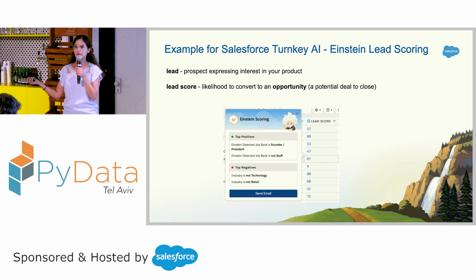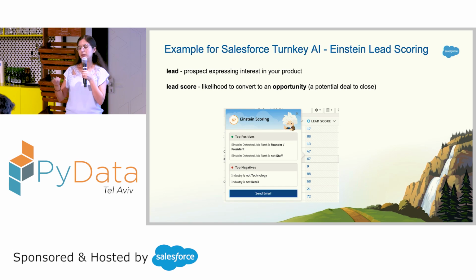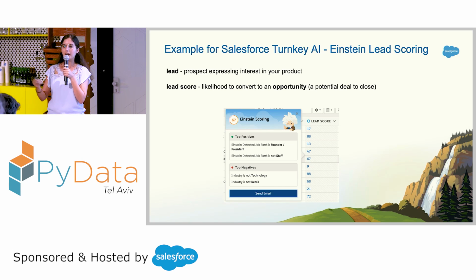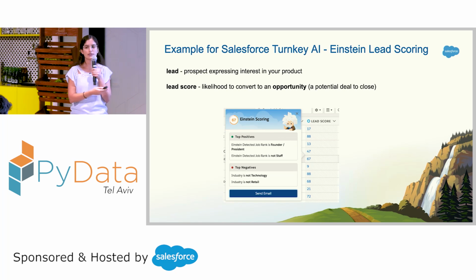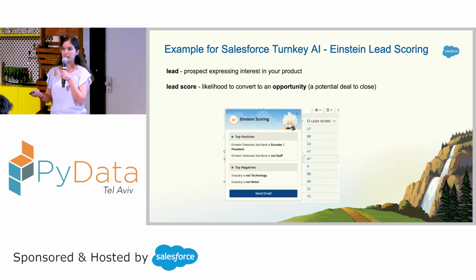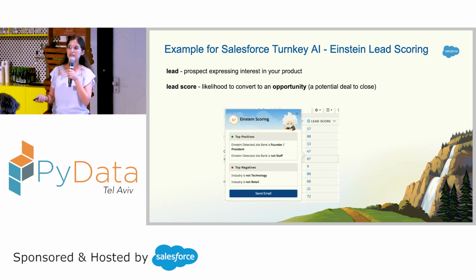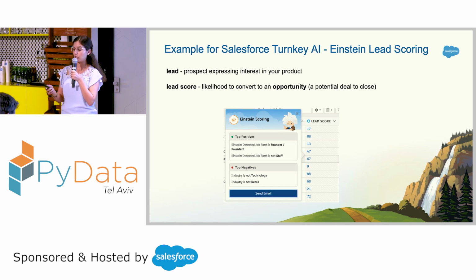So now the sales rep, all he needs to do is sort the list and start with relatively high scores, leads that have potential to convert to deals. So this is an example of a turnkey AI in Salesforce. The customer enables the lead scoring flow, doesn't have to do anything, doesn't have to configure anything, and it just works out of the box.